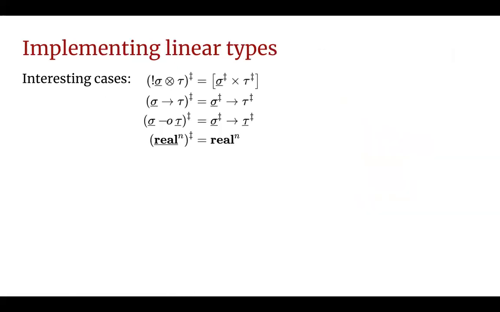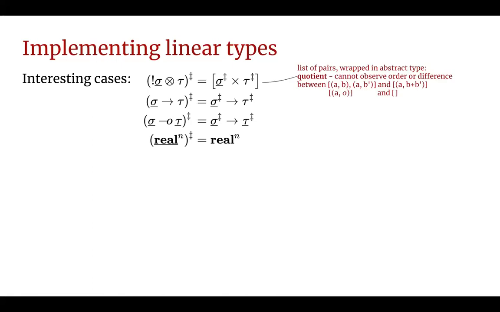Then our macro or code transformations also generated some linear types. And you might think, well, we don't have those in Haskell either, or in other functional languages. It turns out that all the linear types we can implement as ordinary abstract data types. For example, the co-power of sigma with tau, we can implement as a list of pairs internally that we wrap in an abstract type.